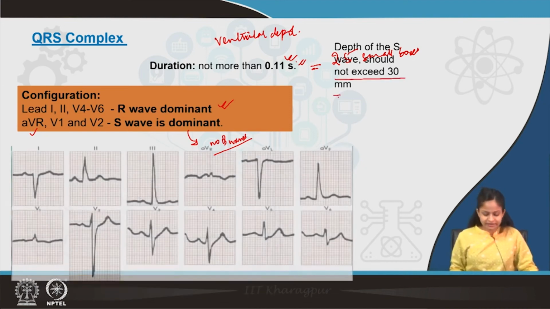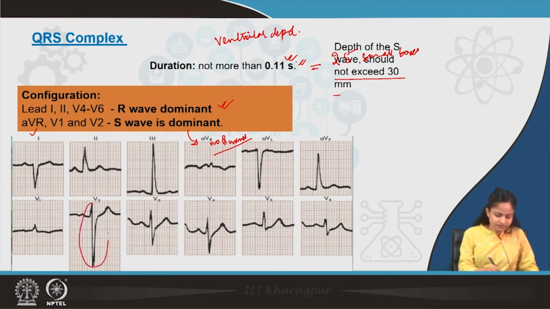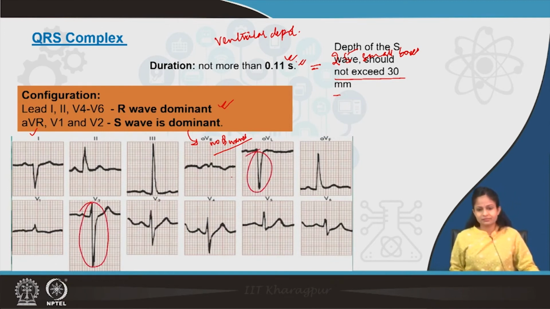If it exceeds 30 millimeters, these negative deflections of the S wave are abnormalities, and so are tall R waves, which means a strong vector is seen in the ventricles, usually because of ventricular enlargement or ventricular hypertrophy.